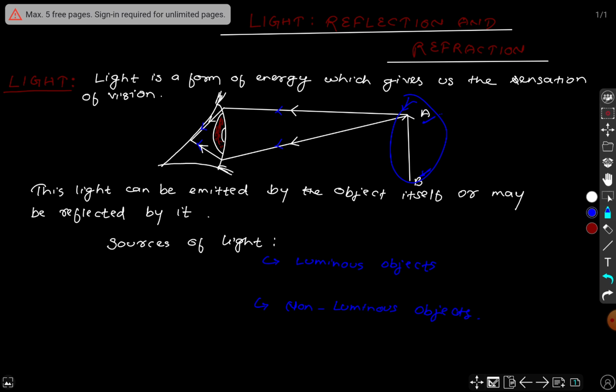Now this light can be emitted by the object itself or may be reflected by it, depending upon whether the object emits its own light or it reflects the light coming from some other object.